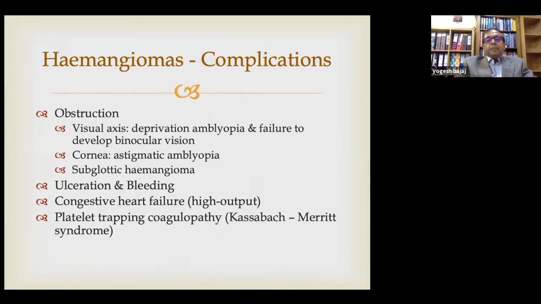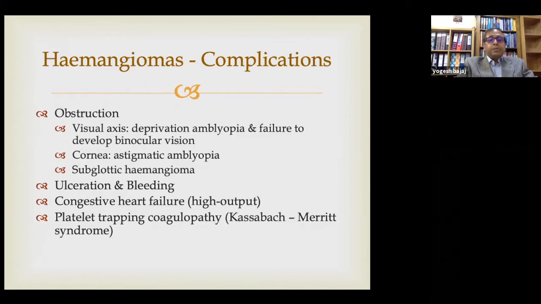So the treatment of these hemangiomas becomes essential if they're causing some kind of obstruction. And by obstruction, I really mean either they're causing some visual issues, or they are in the visual axis, or they're causing some airway issues, meaning subglottic hemangiomas.